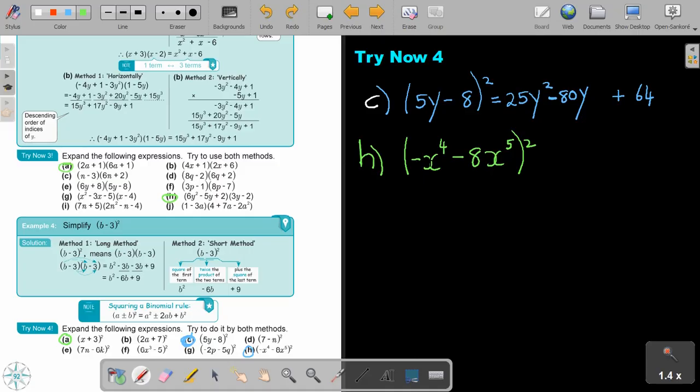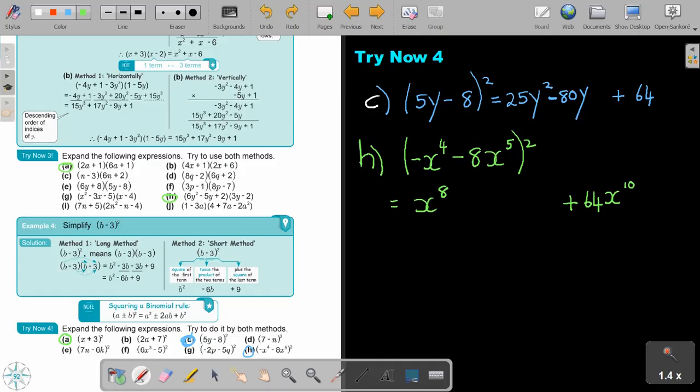First I'm going to square these two terms. Negative x to the power 4 multiplied by negative x to the power 4 is positive x to the power of 8. Negative 8x to the power 5 multiplied by negative 8x to the power 5 is positive 64x to the power of 10.